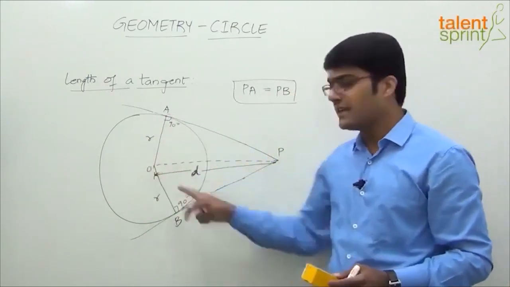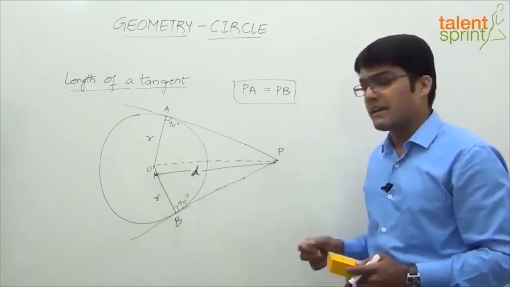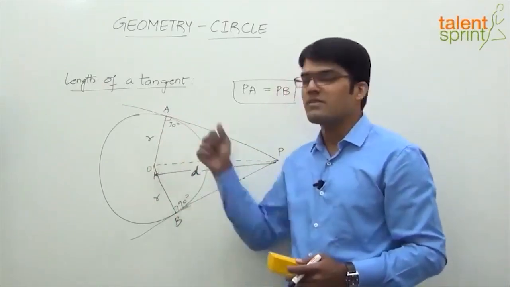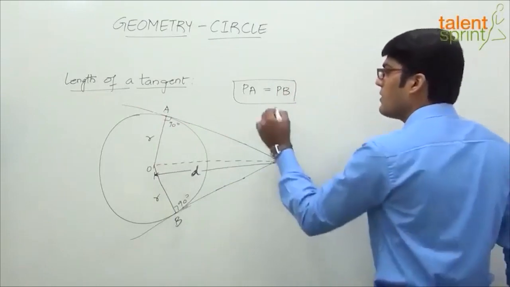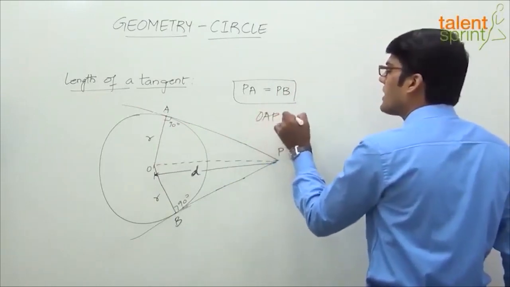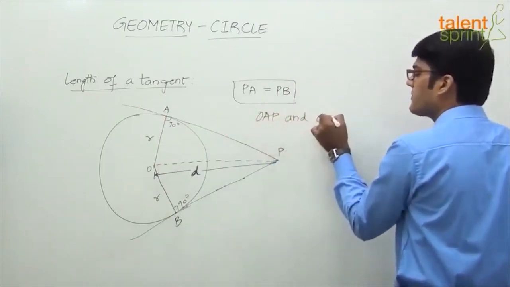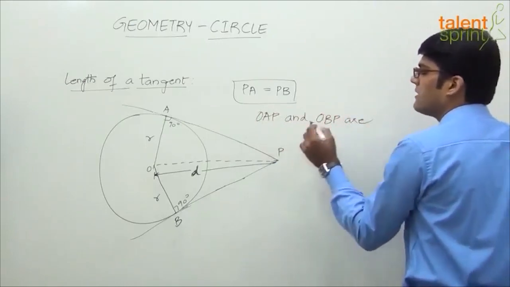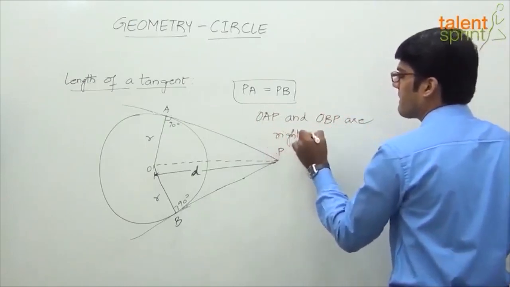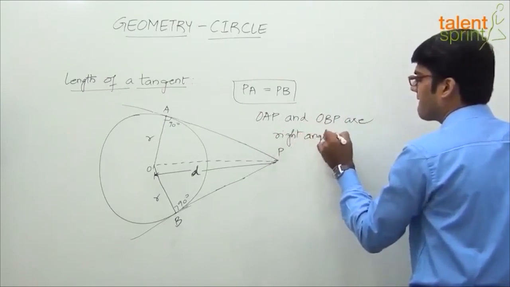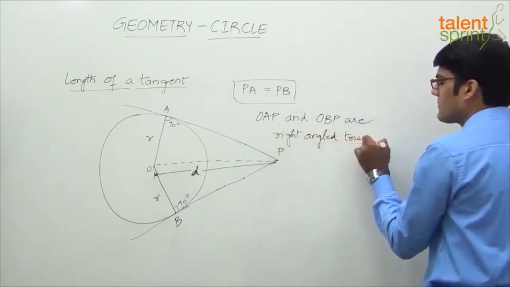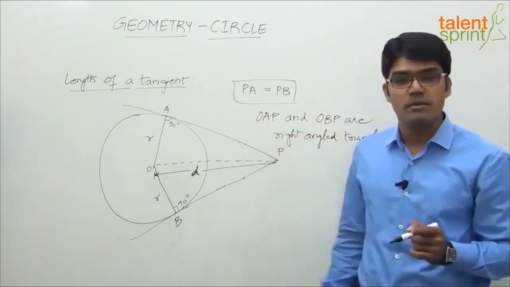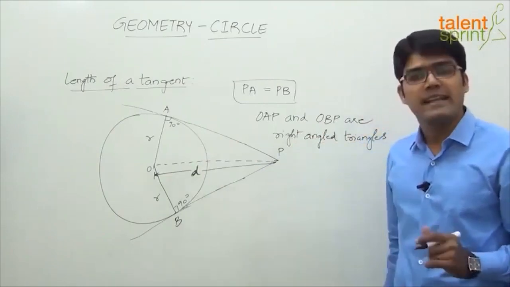OAP is one right angle triangle, OBP is the other, because here we have the right angle 90 degrees, here also we have the right angle 90 degrees. So OAP and OBP are both right angled triangles.